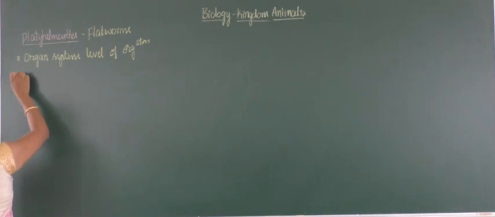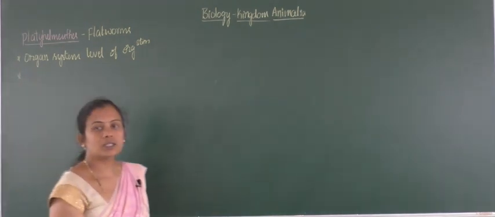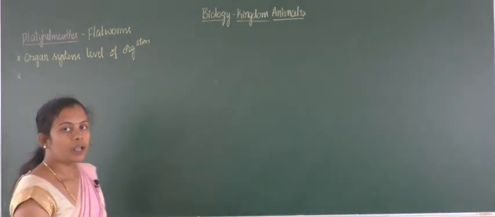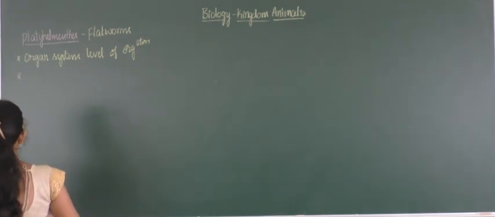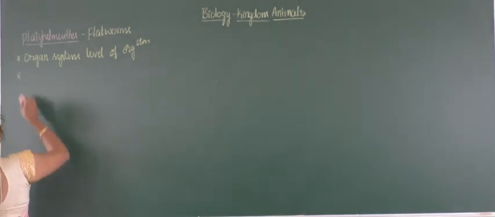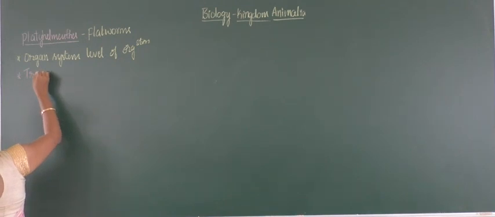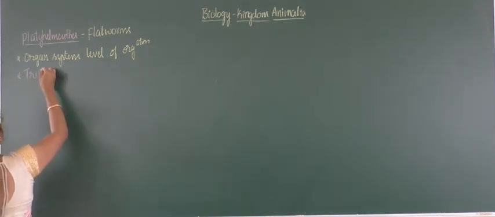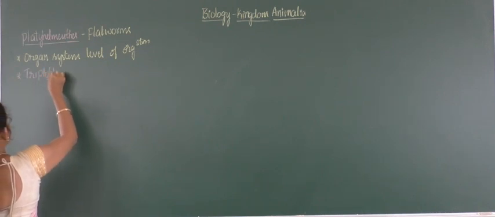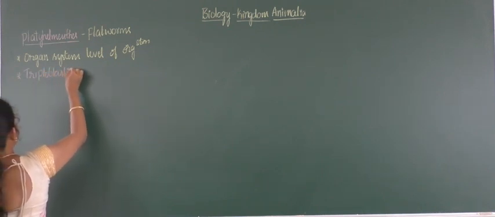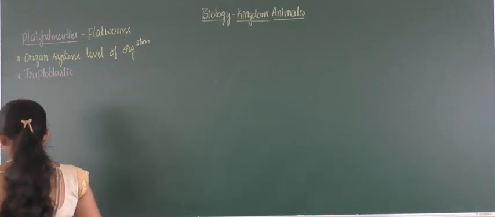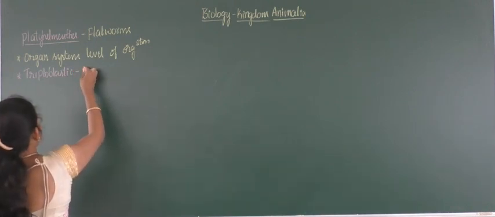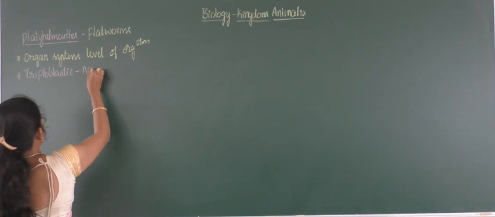And as in case of body wall and the body cavity. So here in case of Platyhelminthes, these are triploblastic, and they are considered acoelomates.